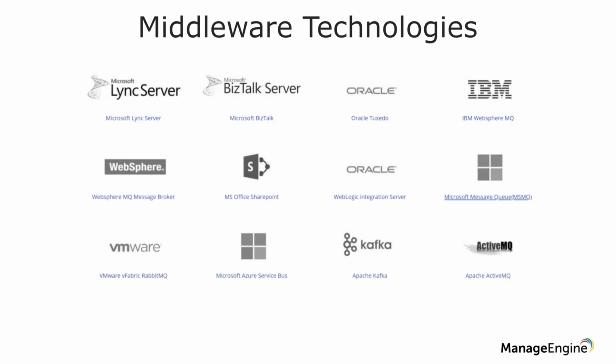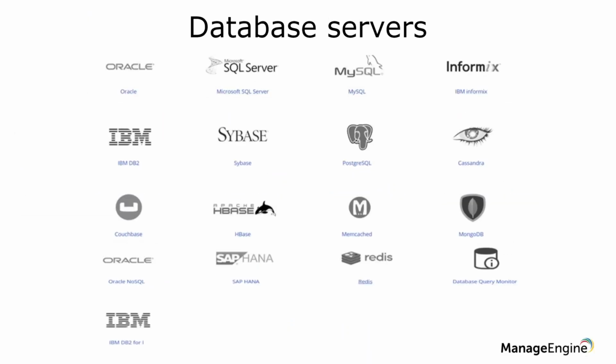The next category that we monitor in Applications Manager is database servers, where Applications Manager has the ability to connect to the database source, monitor various system tables and column values, collect data, and show it in Applications Manager.